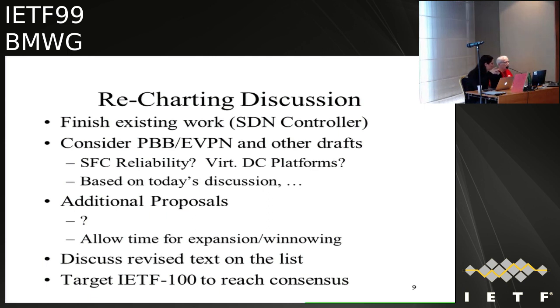But the target timescale, I think, is that we would have proposed text for the next charter by IETF 100, which is in November this year in Singapore, and then have a face-to-face discussion about that to really finalize what we're going to do and clean it up, and then in the next meeting time frame, go forward with that text and attempt to get approval.